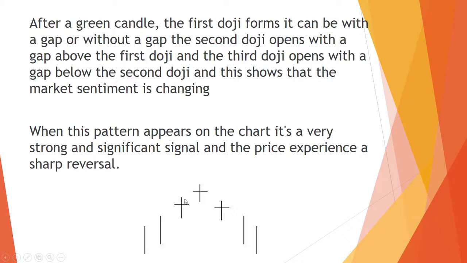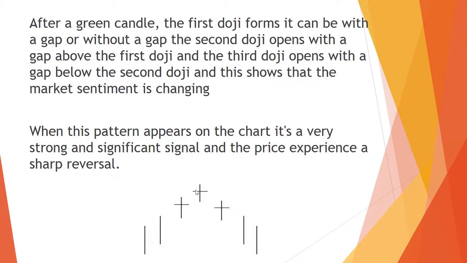If this last point here is above the highest point here, that's what we call a gap. And the third doji opens with a gap below the second doji. Now this one opens with a gap below the second doji, and this shows that the market sentiment is changing.